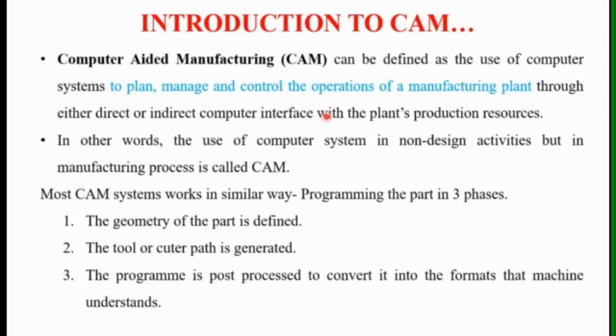Then in the second phase, the tool or cutter path is generated, with the help of various numerical control programs and machines. Then in the third phase, the program is post-processed to convert it into formats that machines can understand. These are the various steps in computer-aided manufacturing.